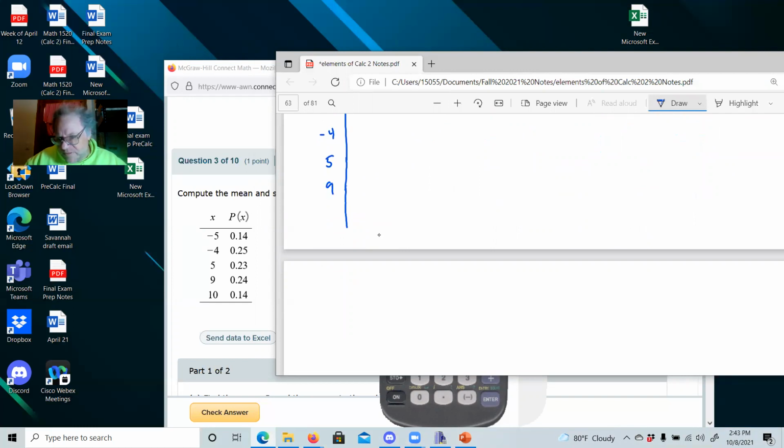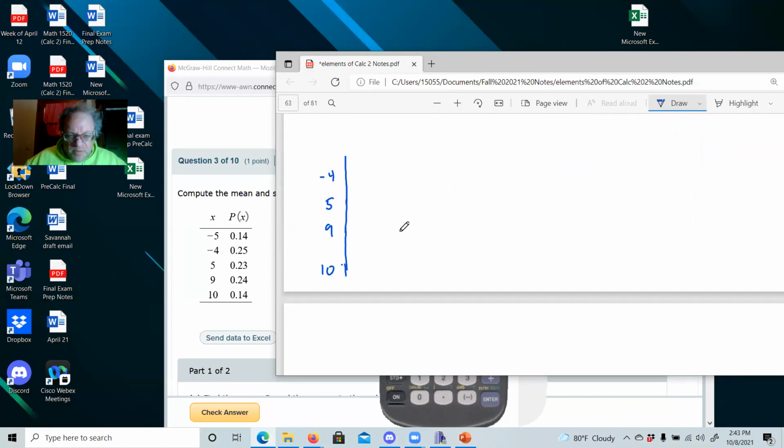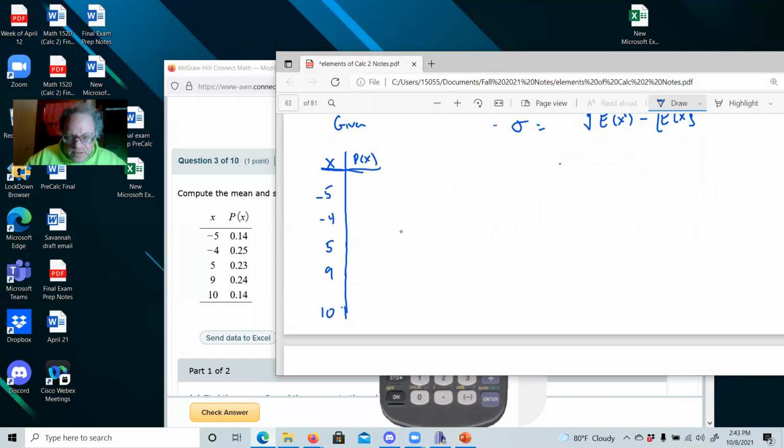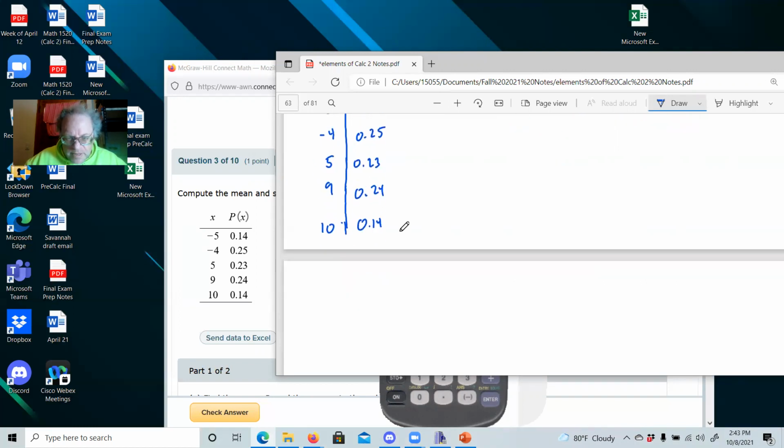You're going to need a table that has a lot of room like this. And then we're going to write down the probabilities next to it. So this was 0.14, 0.25, 0.23, 0.24, 0.14, and that was good.